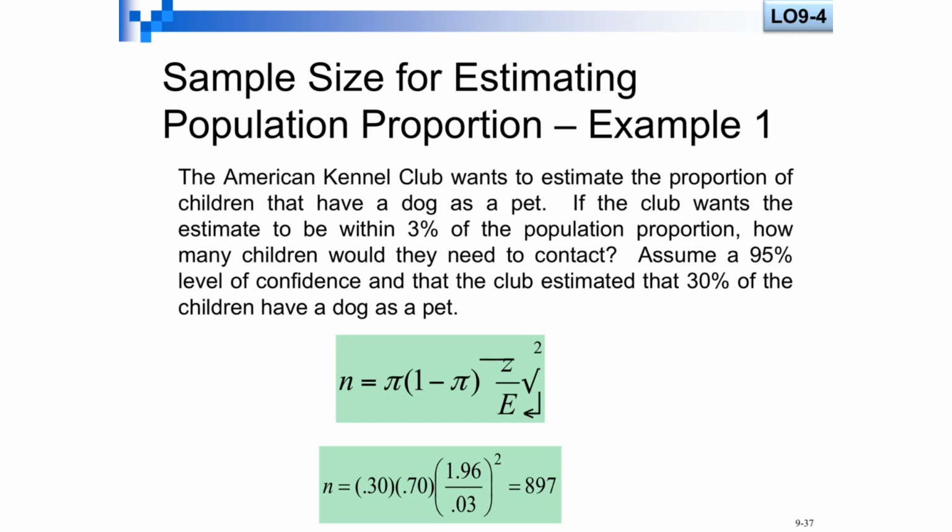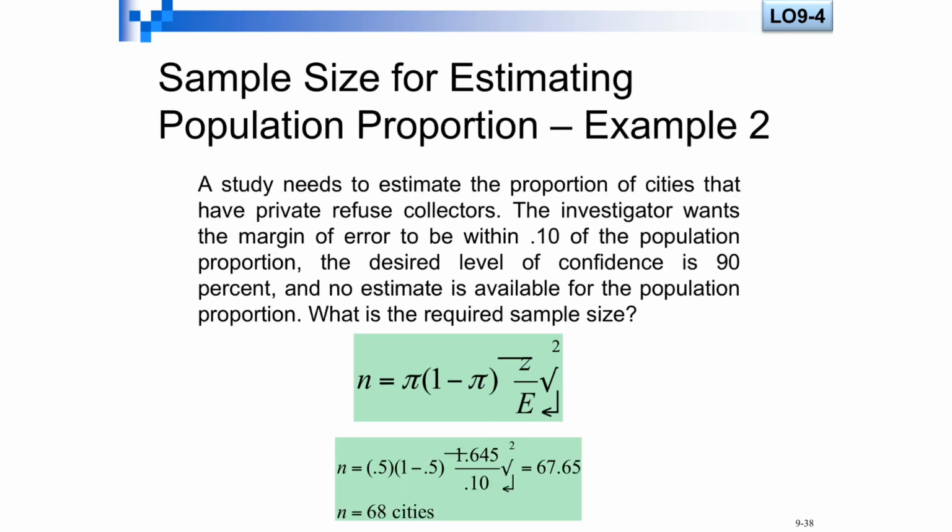It means 30% have one and 70% don't. So 1 minus 0.3 is 0.7, and our confidence level Z is 1.96, divided by 0.03, squared. You will reach 897 for the population proportion.